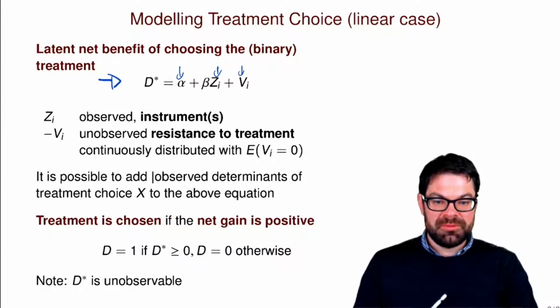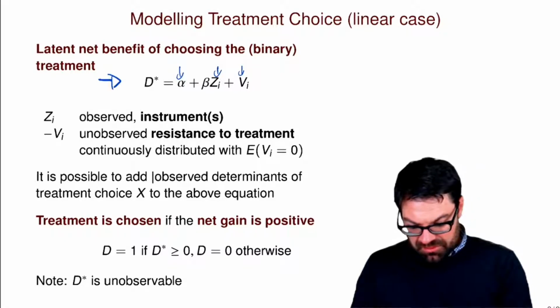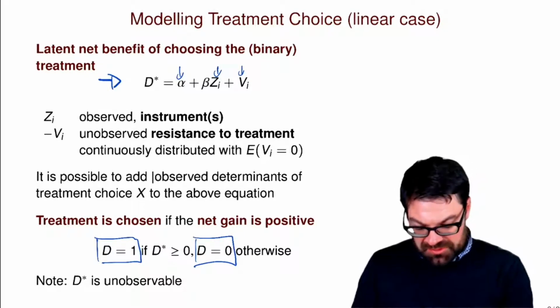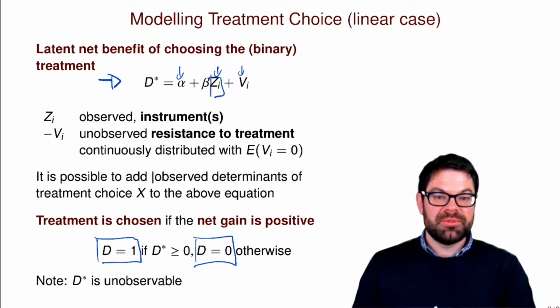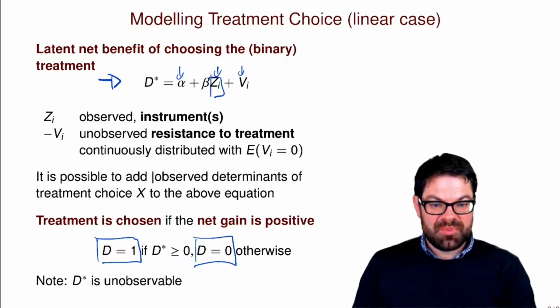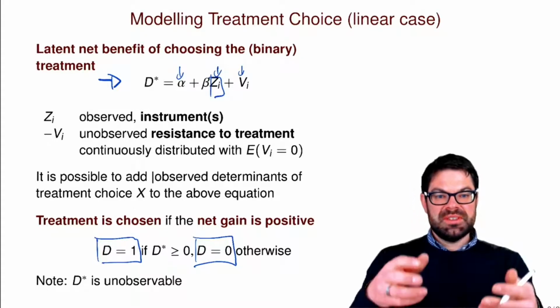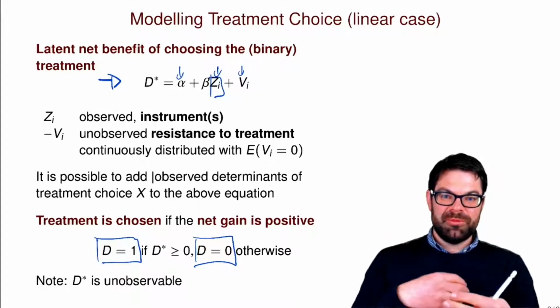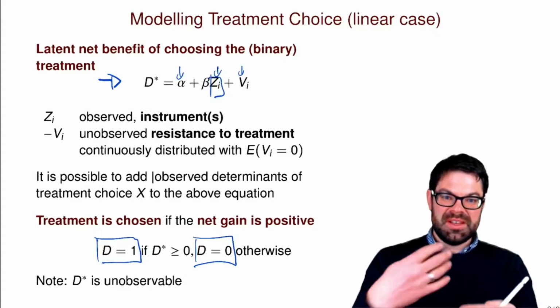What we observe rather is whether the person actually has chosen the treatment or whether they have not chosen the treatment. And what we also observe is the state of the instrument. Okay, so this is basically a theory of the selection into treatment.